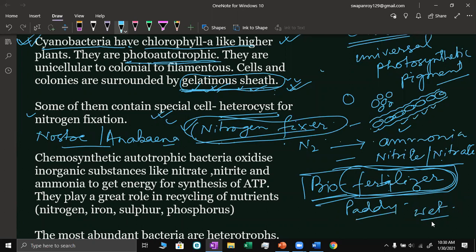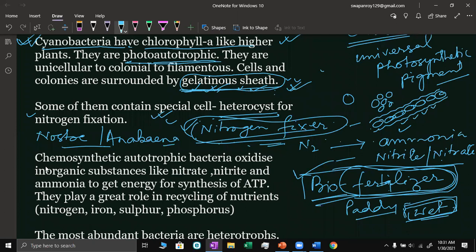Paddy cultivation requires a lot of water in the field, and in this water the nitrogen-fixing cyanobacteria can easily grow if they are powdered or present in the water body. They multiply very fast and fix nitrogen, and some of the nitrogen goes to the soil and the plant gets it. So they are used as a biofertilizer.